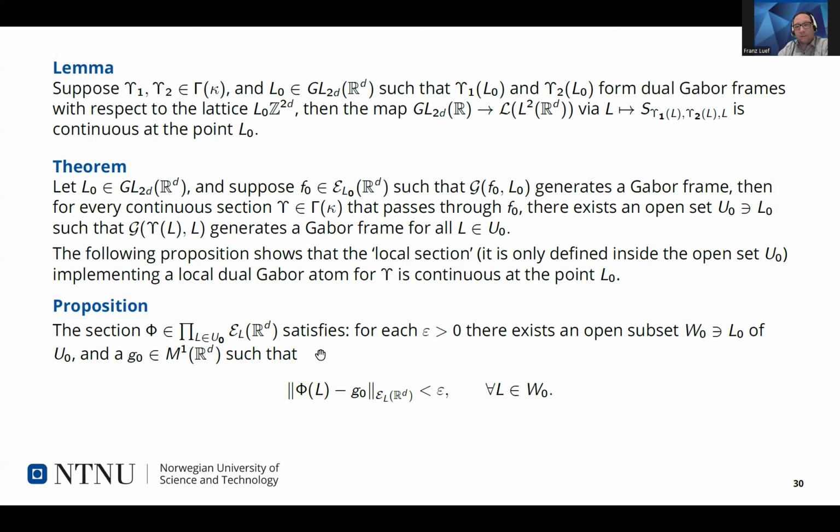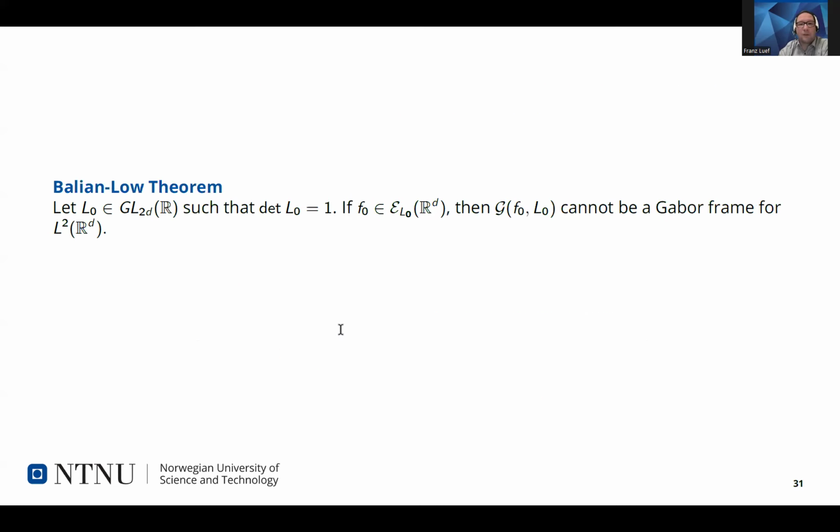And this is the formal version of what I said before, that you can locally deform your systems and still get Gabor systems close by. And one thing they noticed that follows from this, that you can deform the original Gabor system, is that they had it for F0 in M1.